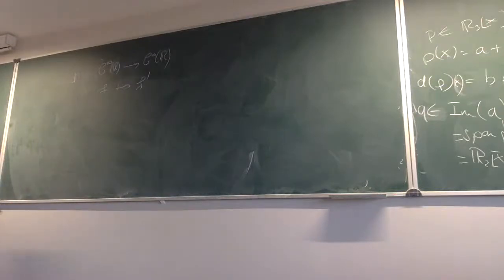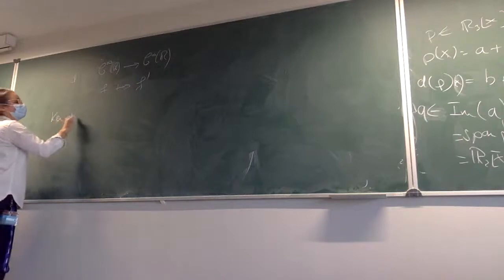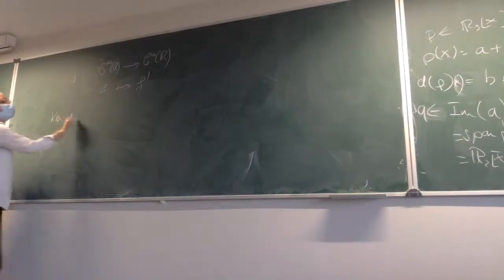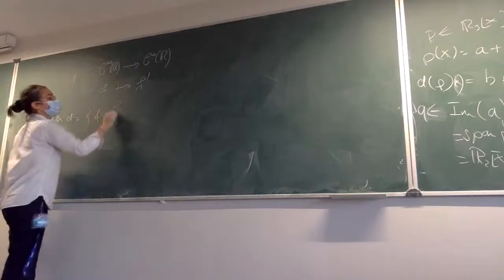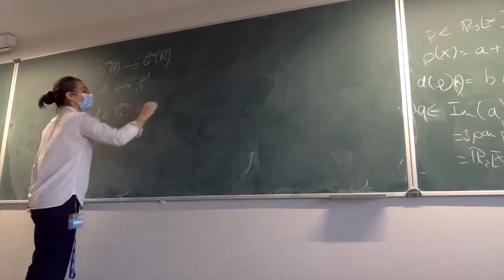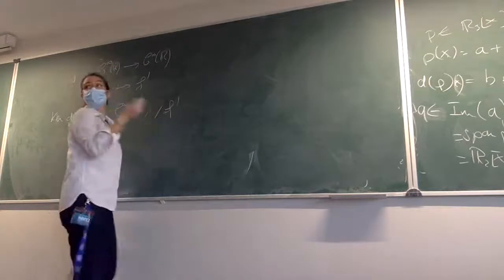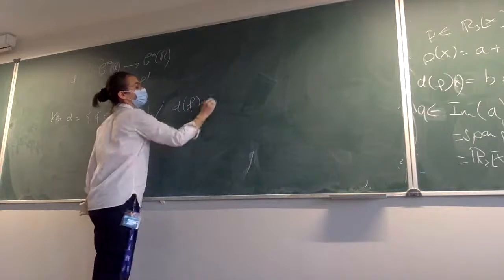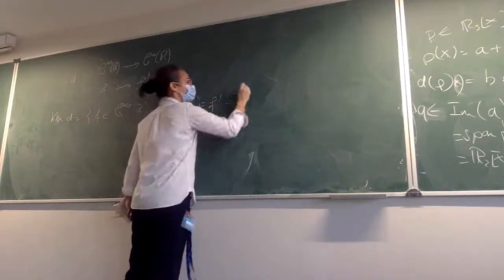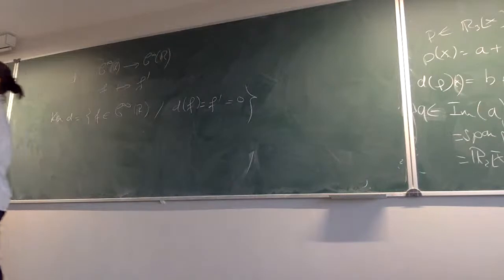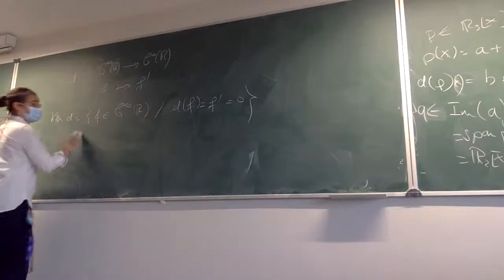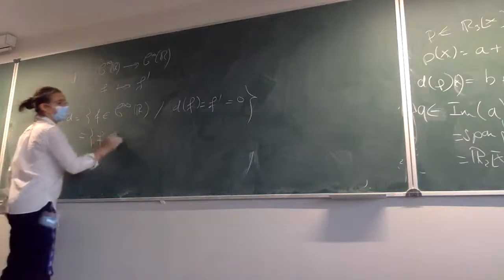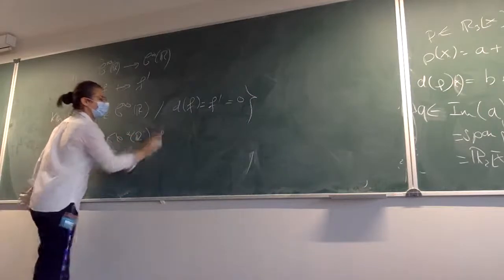So let's look for the kernel of D. By definition, it's going to be functions that belong to my domain such that D of f, which is actually f prime, is equal to 0. What are all the functions that give you 0 as a derivative? Constants. So f in C infinity of R, f is constant.